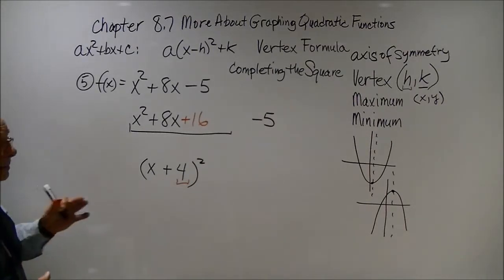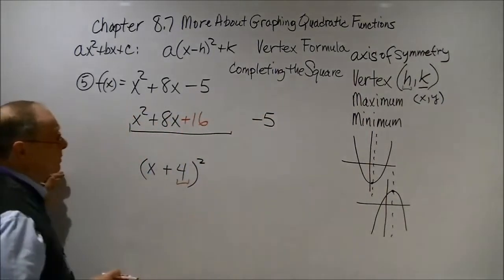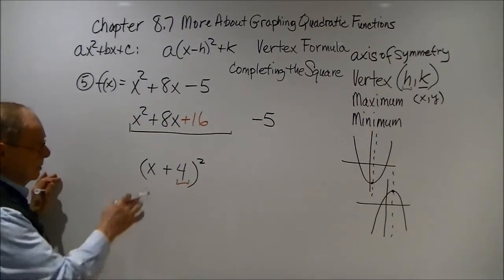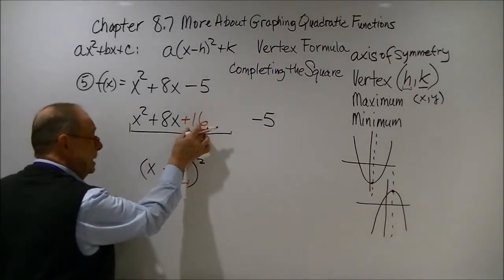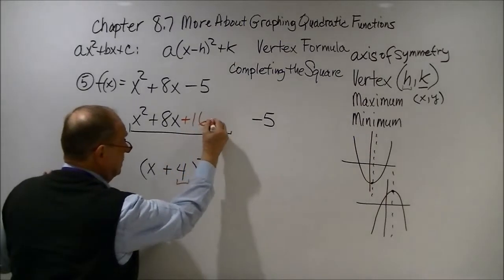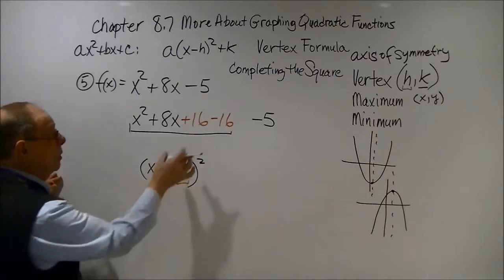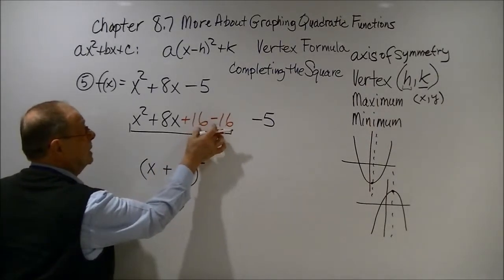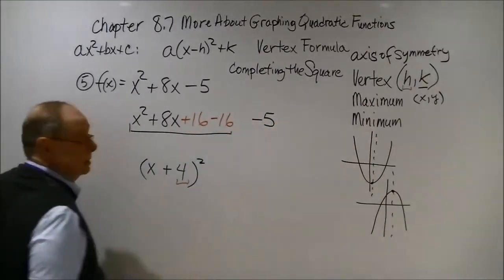But as a special technique and a sort of modifying the completing the square, we're going to do an interesting thing here. We're adding 16, but we're also going to subtract 16. Now, when you do these two things together, that's a 0, and in a sense, you're back to your original expression.